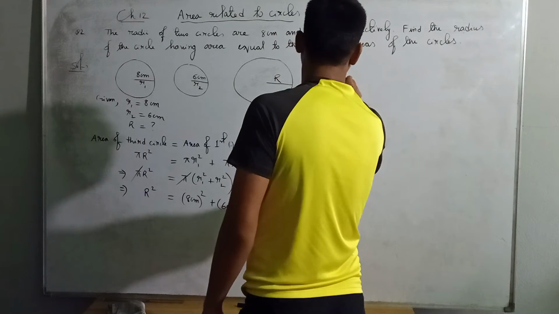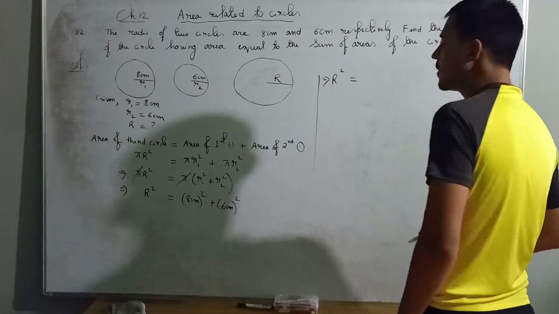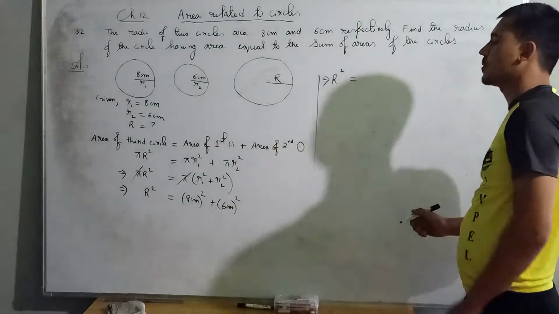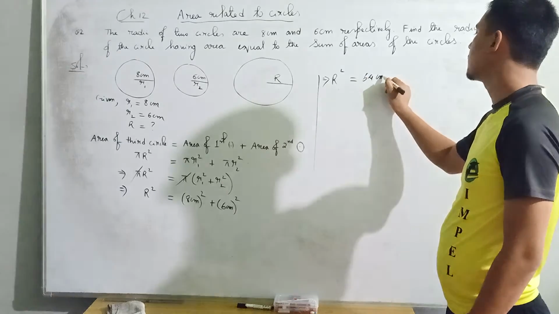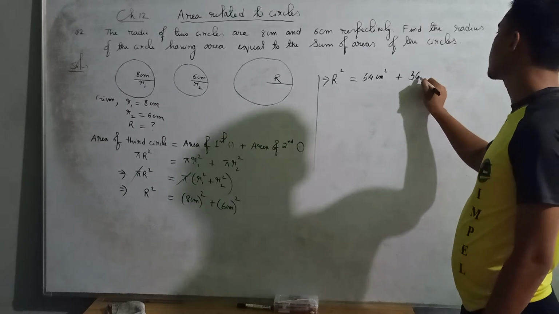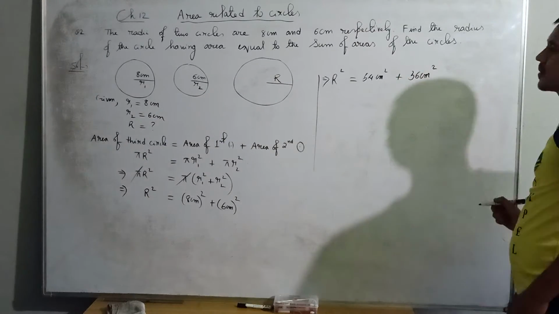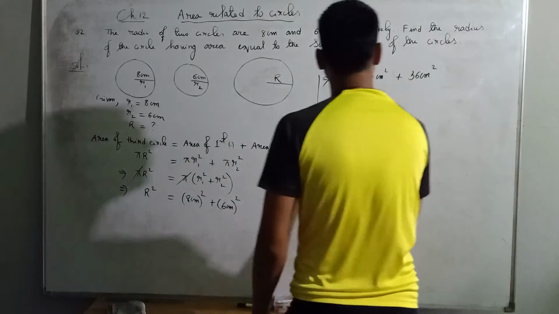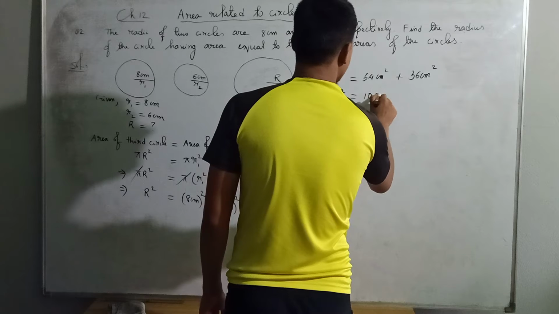Your capital R square will be equal to 8 centimeters square, which gives you 64 centimeters square, plus 6 square, which gives you 36 centimeters square. 64 centimeters square plus 36 centimeters square gives you 100 centimeters square.